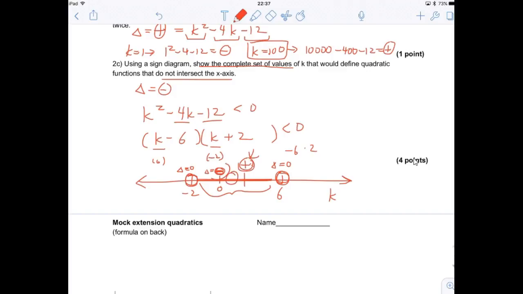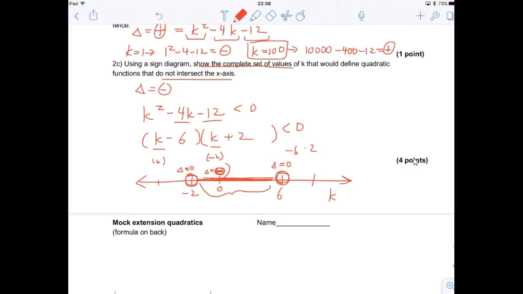And we know there are no more zeros. The only zeros are at 6 and negative 2. So there is no positive discriminant in this range. All the points between negative 2 and 6 are negative discriminant points.